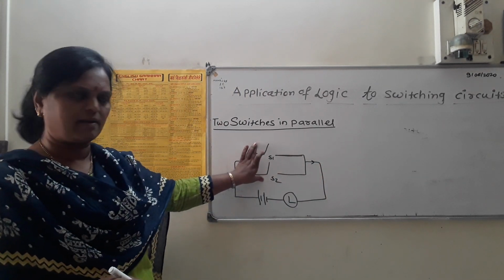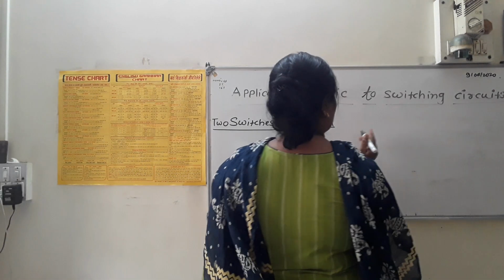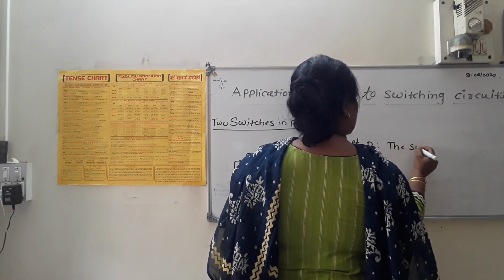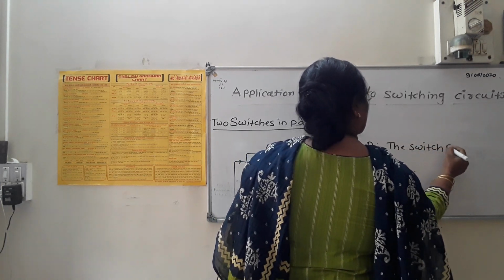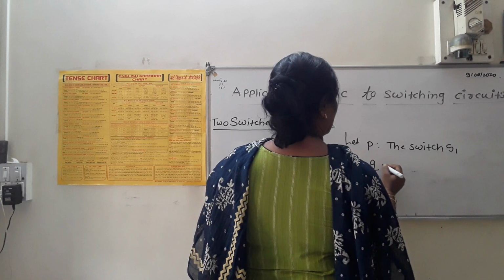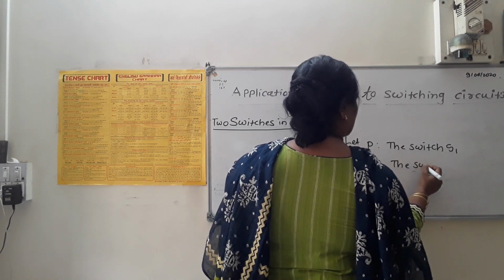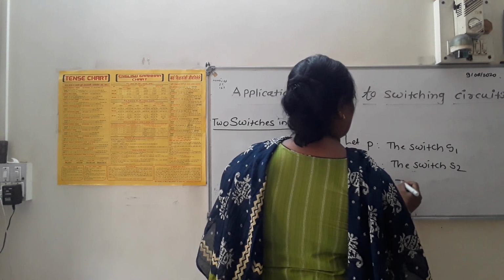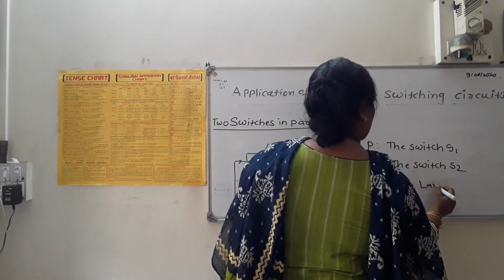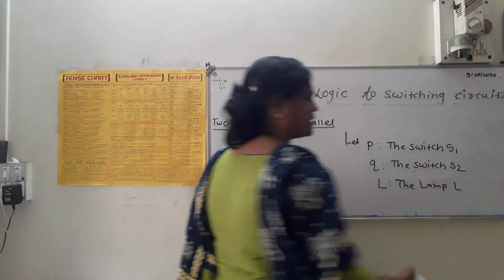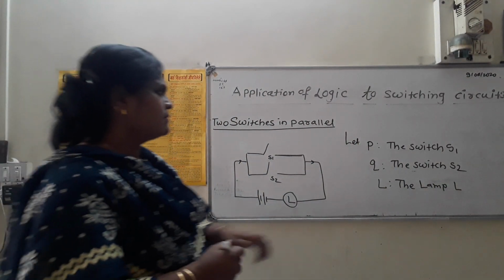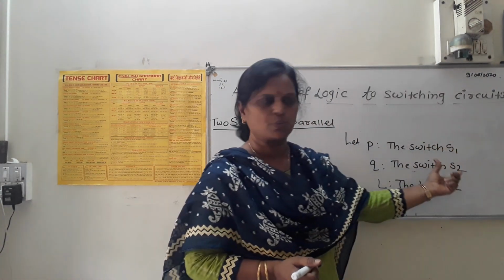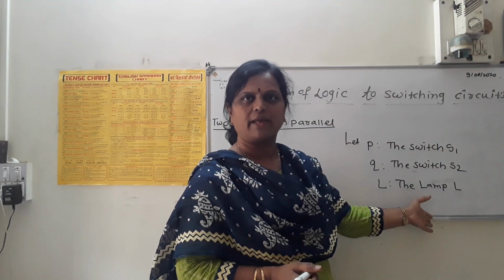So write down here, let P be the switch S1, Q the switch S2, and L the lamp L. Okay, here P means the switch S1, Q means switch S2, and L means the lamp L.